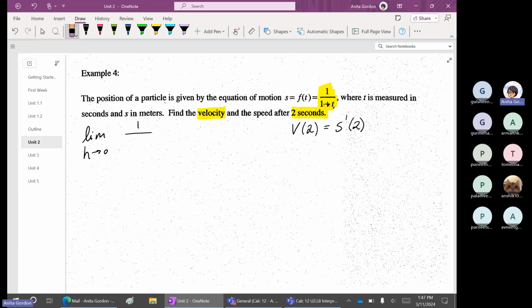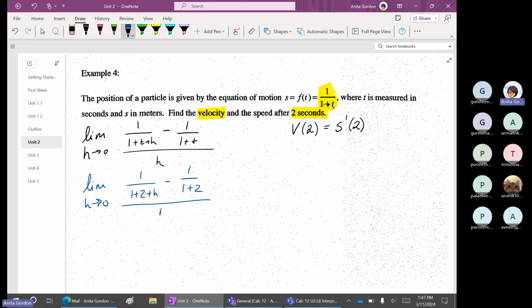That's what we're looking for. 1 over 1 plus t plus h minus 1 over 1 plus t all over h. Oh, I remember why I did that. What's our t value that we are interested in? 2. So I had substituted t in my head, that's why. 1 over 1 plus 2 plus h minus 1 over 1 plus 2 all over h.